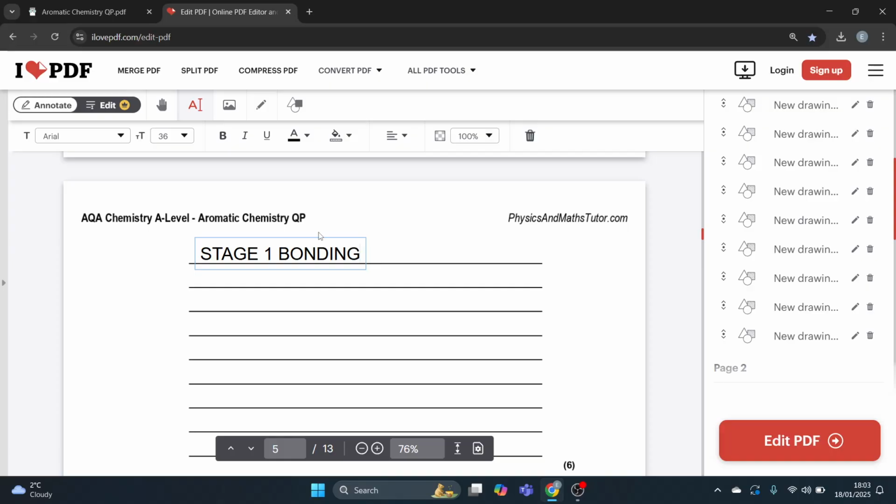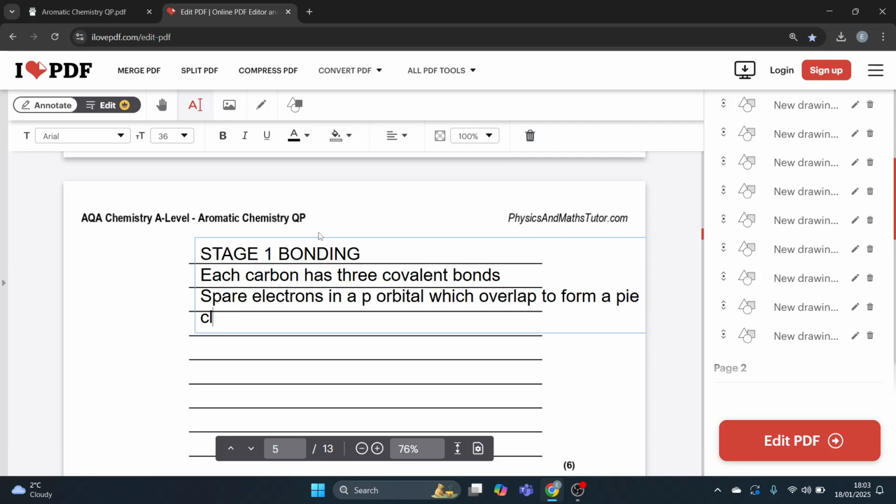Stage 1, I'm going to talk about the bonding. Each carbon has 3 covalent bonds. There are spare electrons in a p orbital which overlap to form a pi cloud. Should be the pi symbol, but I don't know how to do that on my keyboard. And it's also got delocalization.